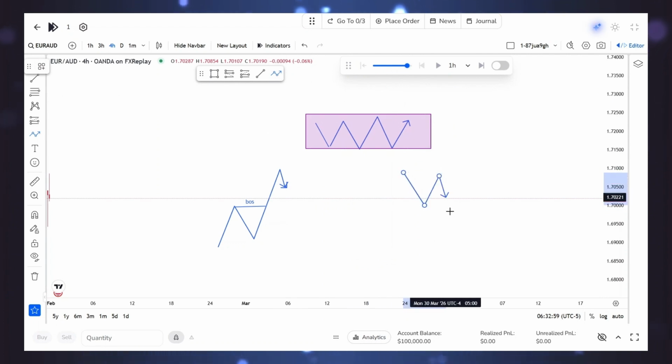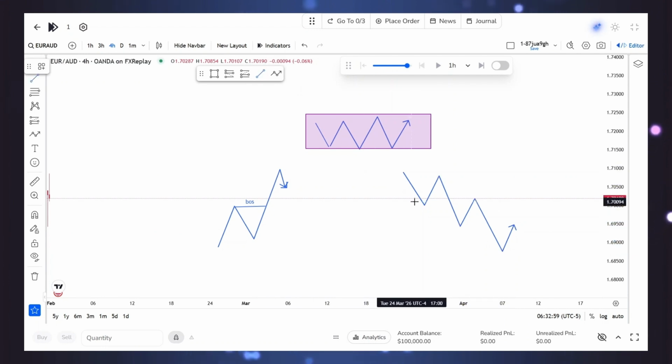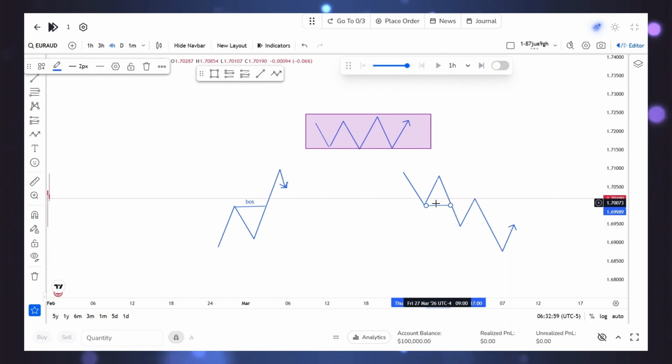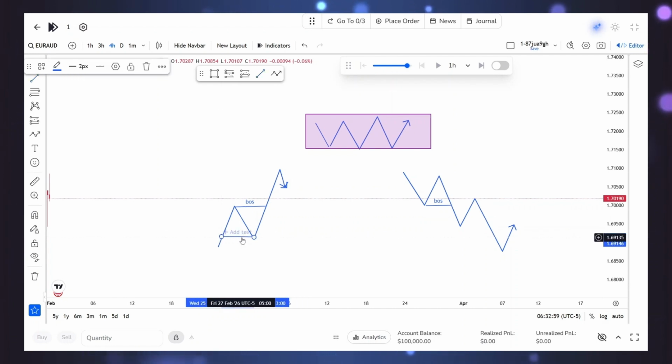At some point the market will reverse and start breaking structures to the downside. Same applies here. You mark your break of structure here, then you look out for liquidity sweeps on that structure.